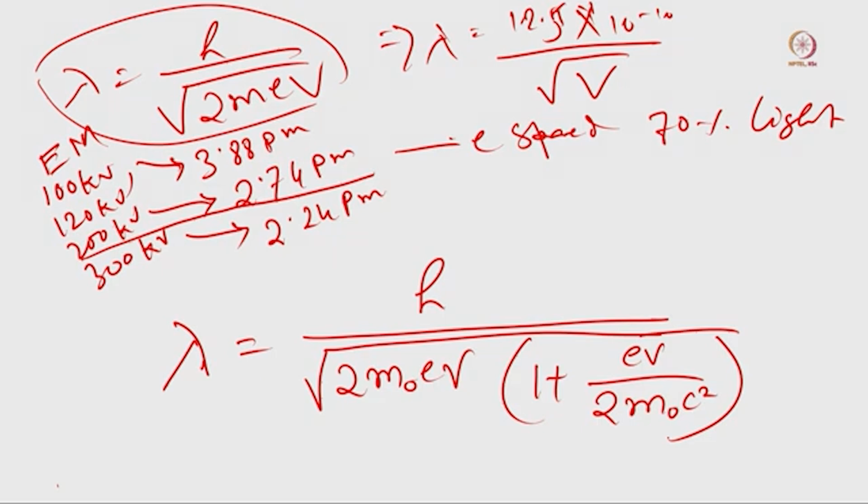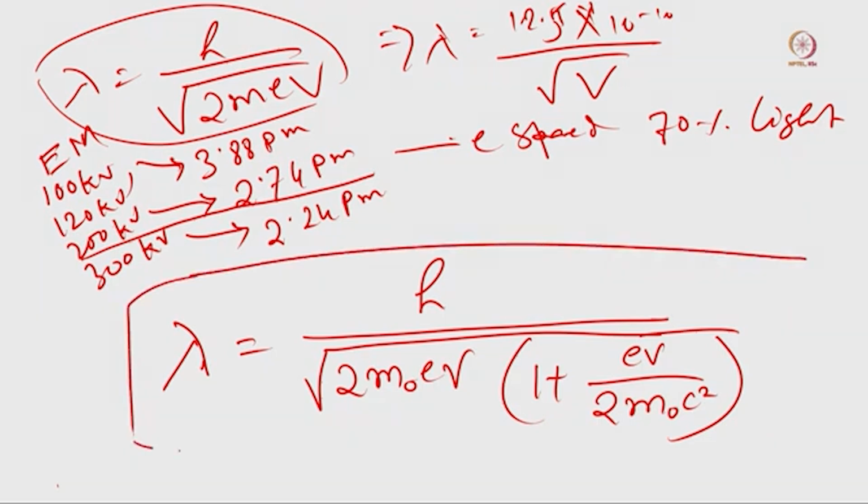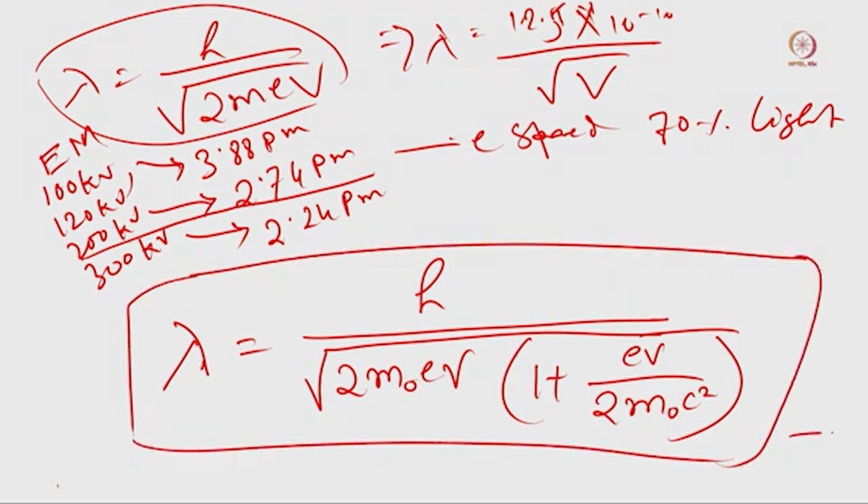So this will be the final formula to calculate the wavelength, and we can make things more complicated. At this moment, for our purposes, I think that is good enough.